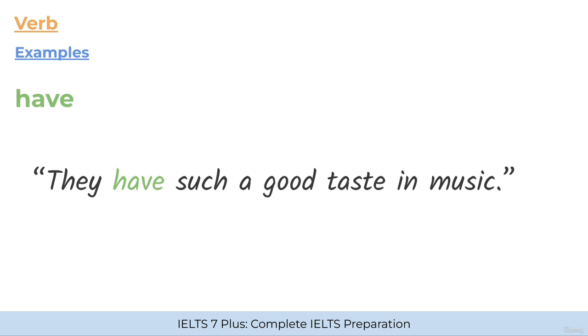So we need to make sure that the verb is also plural. They have. So for example, I have, you have, he, she, it has. So the verb changes depending on the subject.